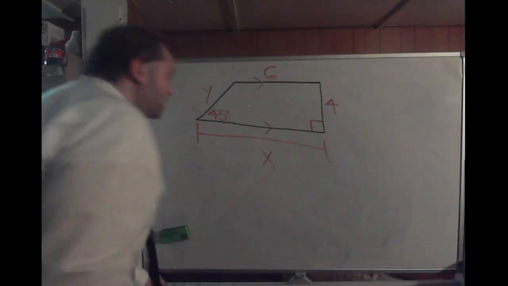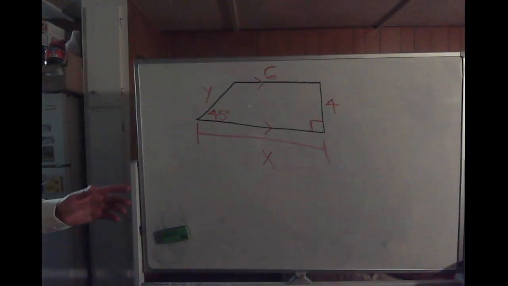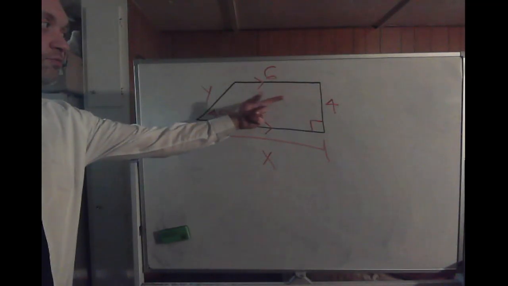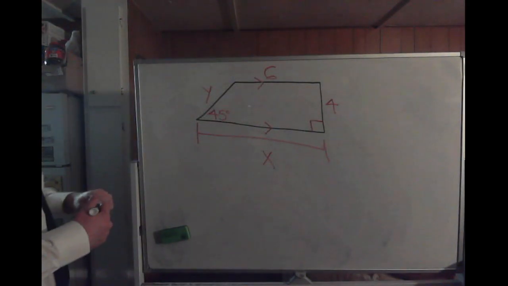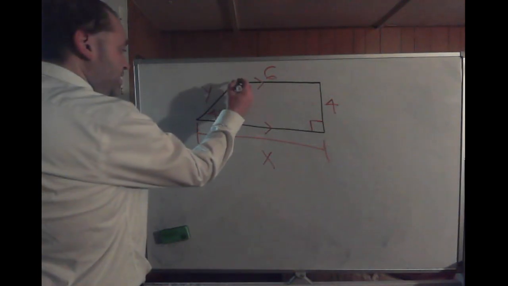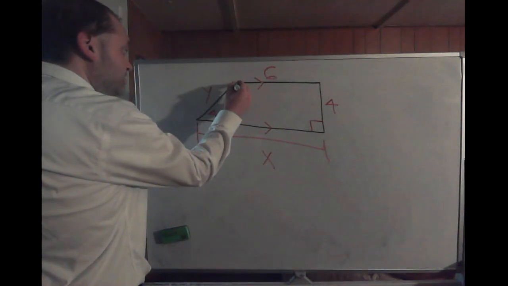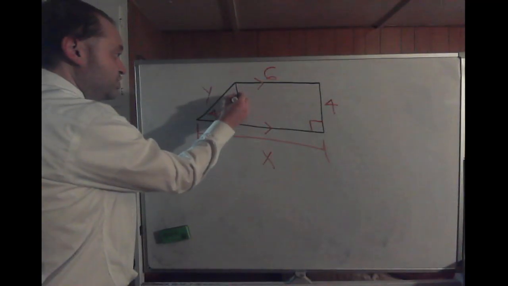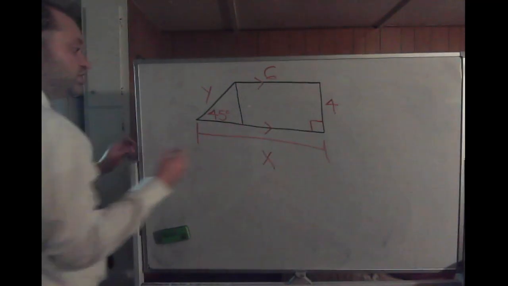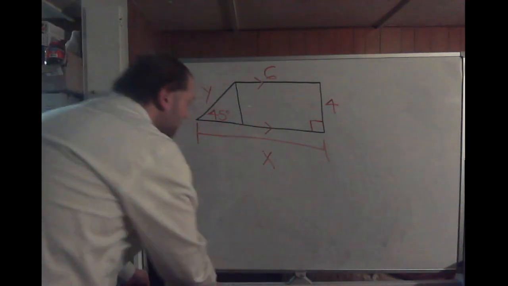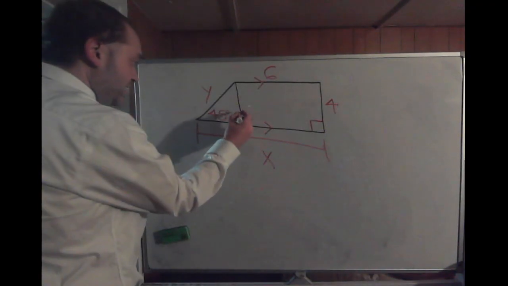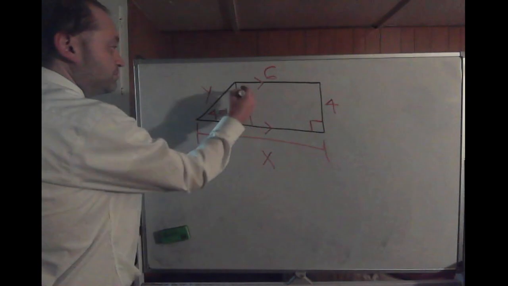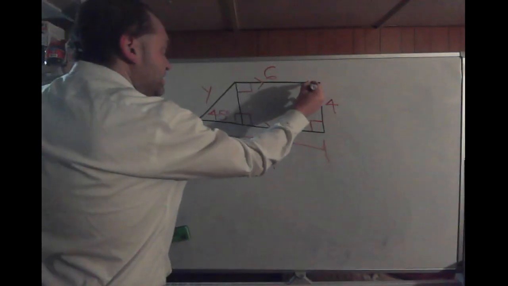So what we need to do then, it almost looks like we have a right triangle and a rectangle combined, right? So let's go ahead and do that here. Let's draw an auxiliary line to form those two shapes. If we draw the auxiliary line, you now have your right triangle here, and then of course you're going to end up having your rectangle.